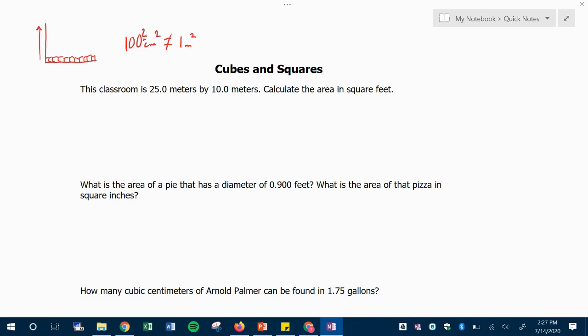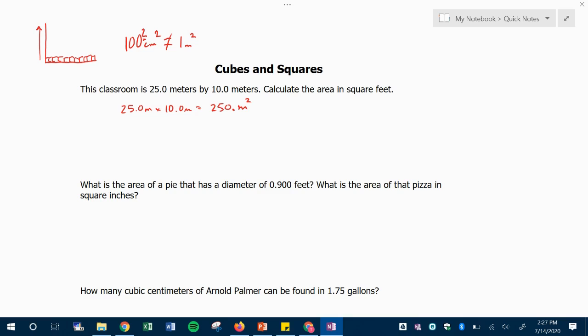So first up, we have a classroom that is 25 meters by 10 meters. Well, that means this is 250 square meters, and notice I'm keeping track of sig figs here. Now let's go through and calculate this area in square feet.